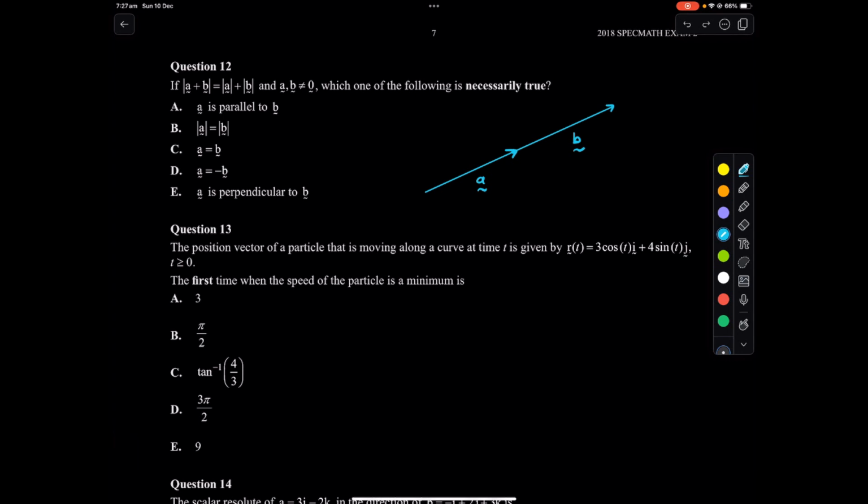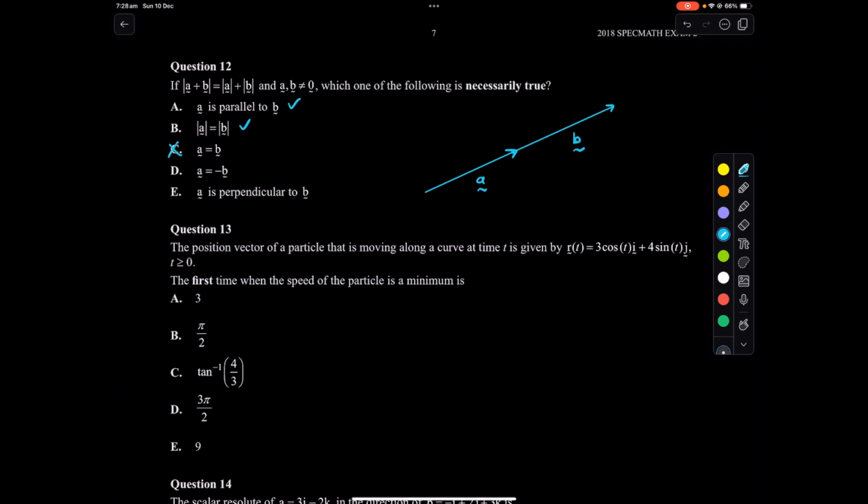Which of the following is necessarily true? A is parallel to B. Yes, we can see that A and B are parallel. That's good. So that could be true. The magnitude of A is equal to the magnitude of B. Well, in this case, yes, that's also true. The vector A is equal to vector B. No, that's wrong.